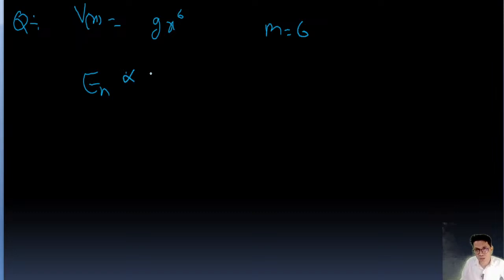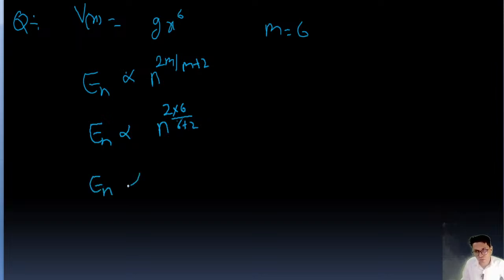So En is proportional to n to the power 2m upon m plus 2, right? This trick I have mentioned earlier. So En is going to be proportional to n to the power 2 into 6 upon 6 plus 2, right?